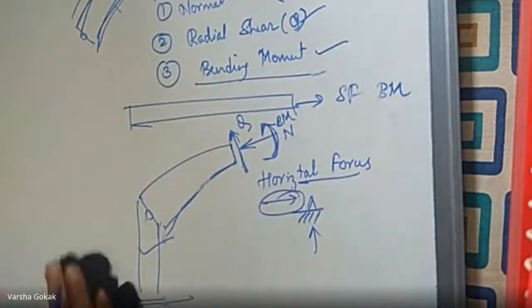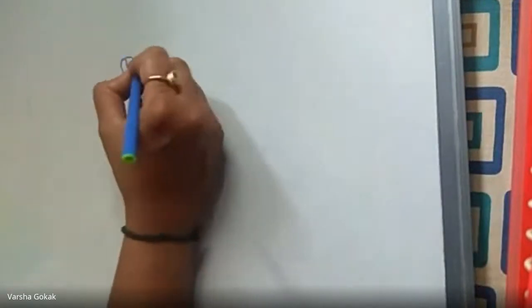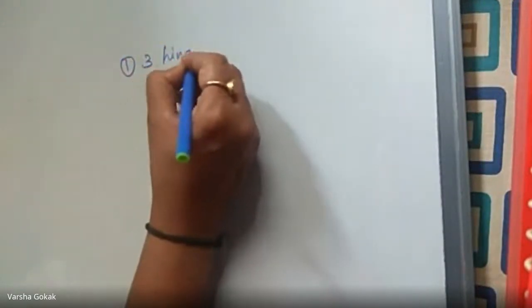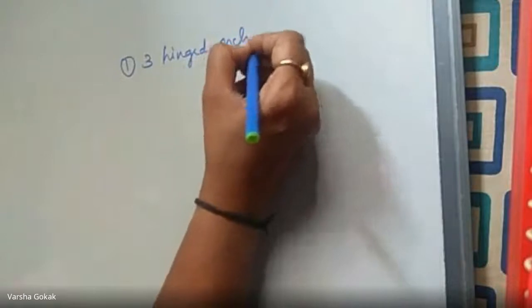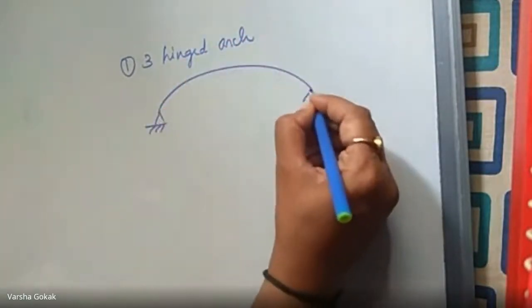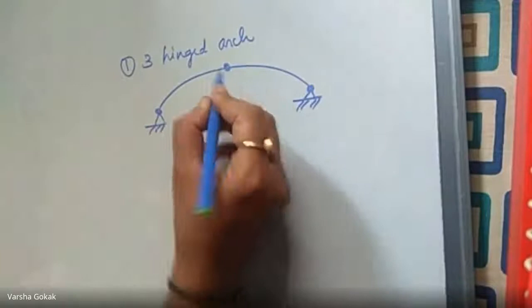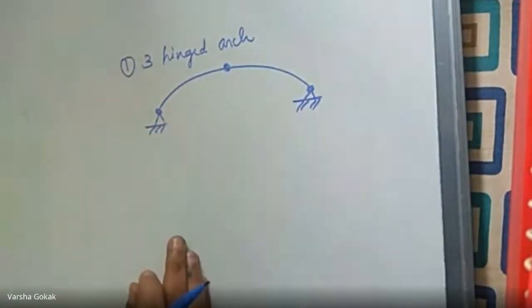Now, when we are dealing with the types of arches, how many types of arches are there, what kinds of arches are there, because we have this for our syllabus module 5. First is a three-hinged arch. Meaning this is one hinge, this is one hinge, and at the crown there will be a hinge provided. 1, 2, 3.